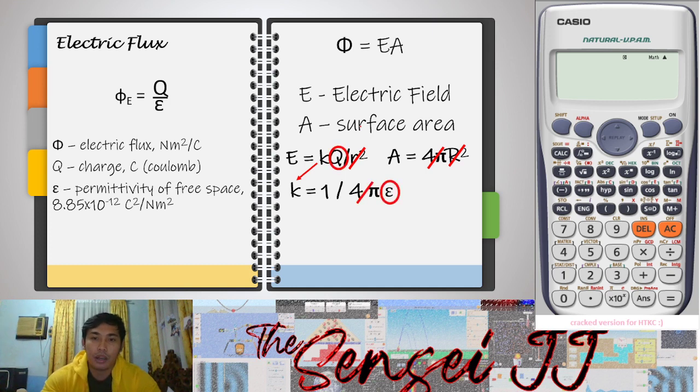And that's why we have the remaining phi E is equal to Q all over epsilon. I discussed previously how it was derived. So, this is just a recap of how we arrived at our formula, which is phi E equals Q over epsilon. Okay?